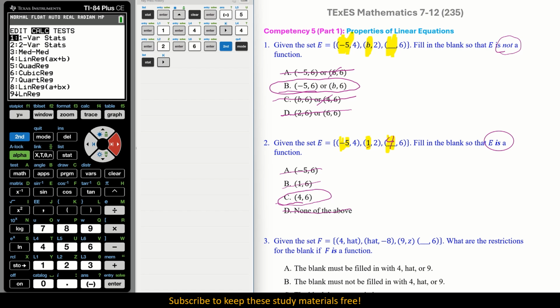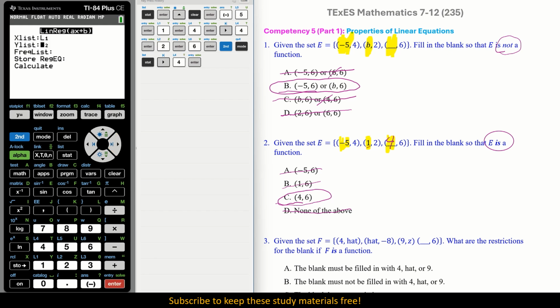It may not, we could just see what the dots look like. Let's try number 4 to see if it makes a regression. L1, L2, and let's save it in Y1. Let's use alpha trace, and as you see, it brings up my Y1, Y2, my options here.